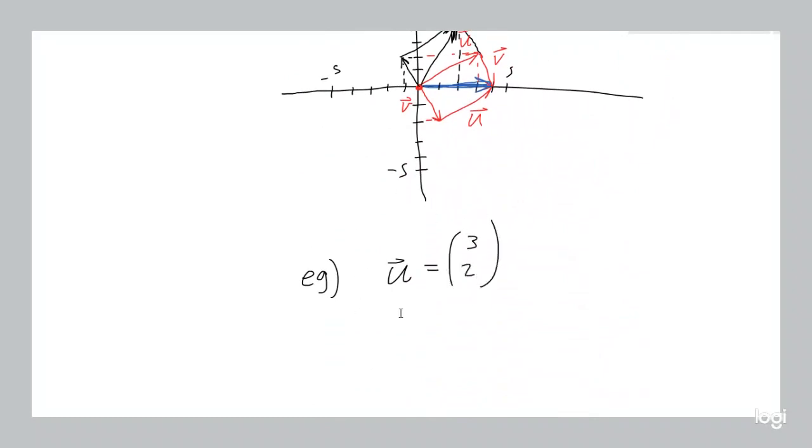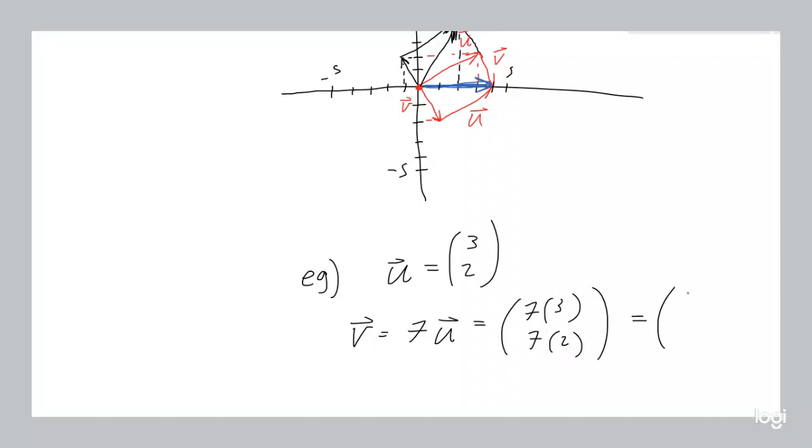If we multiply it by a constant, let's say some other vector v, which equals 7 times u, well, the coordinates of that are going to be 7 times 3, and then 7 times 2. So that's going to give us 21 and 14.